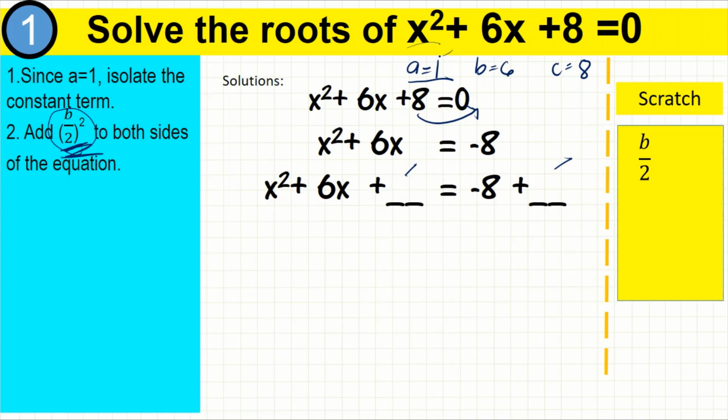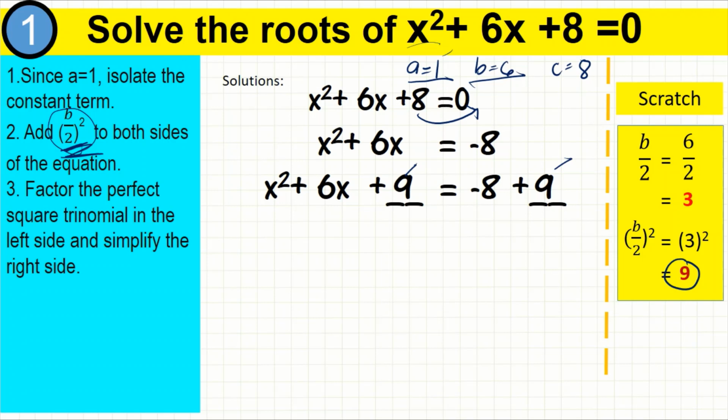Ang b natin is positive 6. So, we have 6 over 2. And then 6 divided by 2 is equal to positive 3. And then square the b over 2 is equal to 3 squared, which is positive 9. So, yung 9 ang ilalagay natin doon sa equations. So, we have 9 and 9.